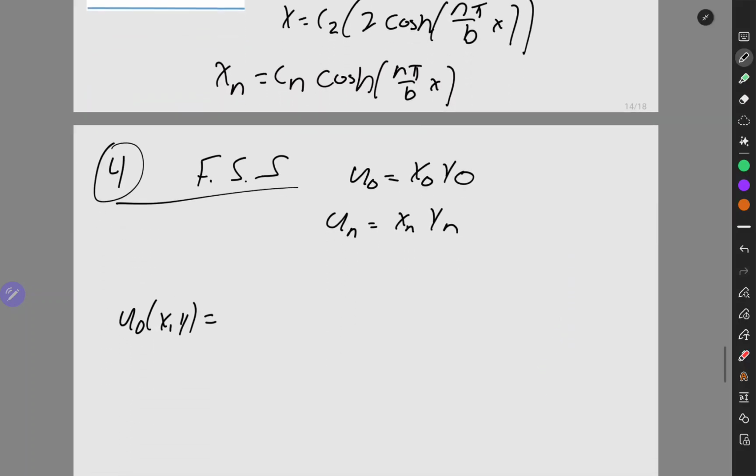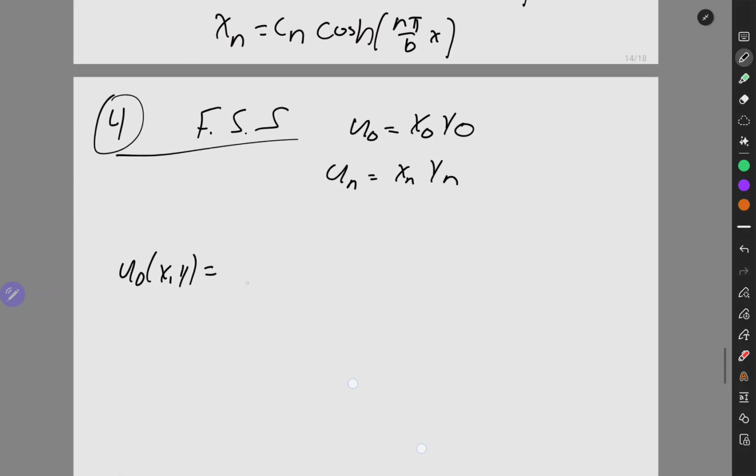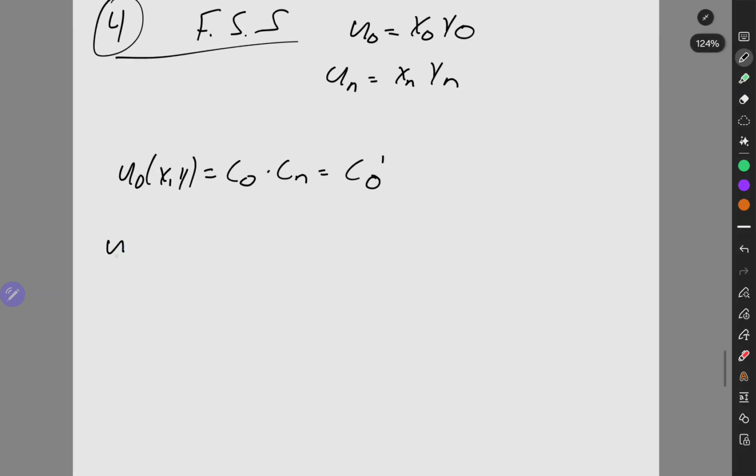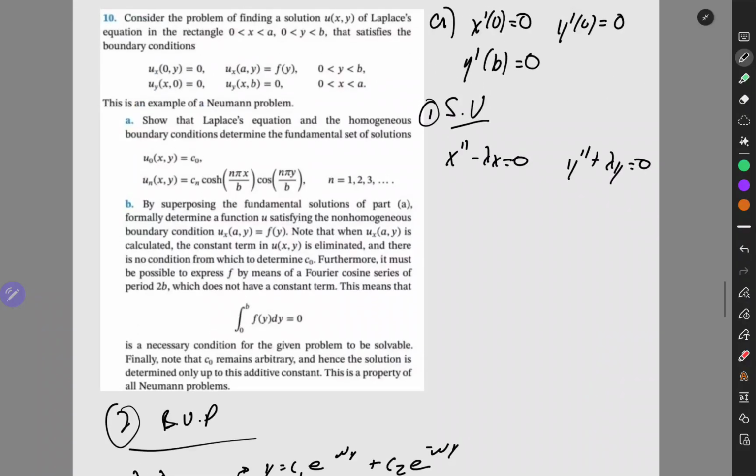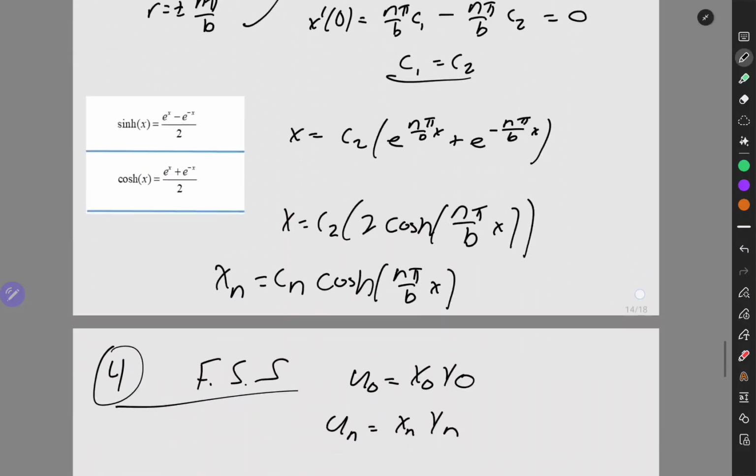So that's C naught times C sub n. I'm going to call it C naught prime, even though, what did they have up here? C naught. You get the idea though.